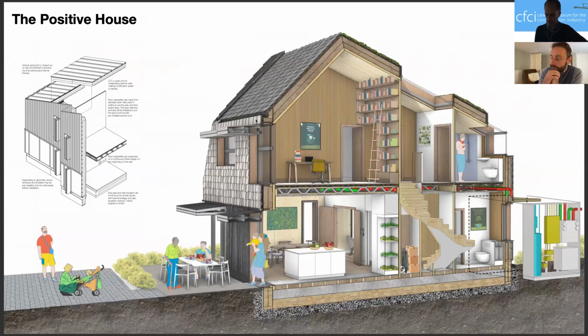So our design, which we've been doing with the government and our other collaborators through the Positive Collective, uses the whole idea of this. It uses homegrown, low-grade engineered timber: very thin, 80 to 100 millimeter cross laminated timber panels with a wood fiber insulation.